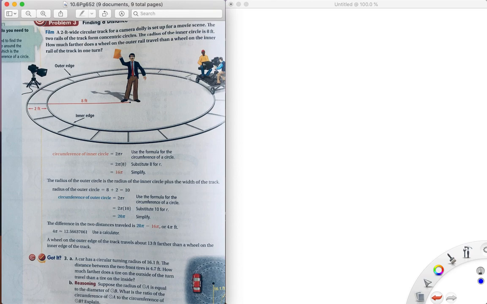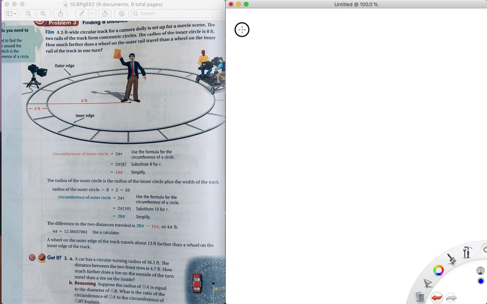So you're going to use the circumference equation. That's 2 pi r. The guy has a radius of 8. So we'll call it radius number 1, which is 8, and radius number 2, which is the track, is 2.